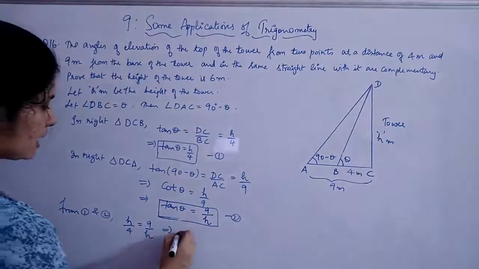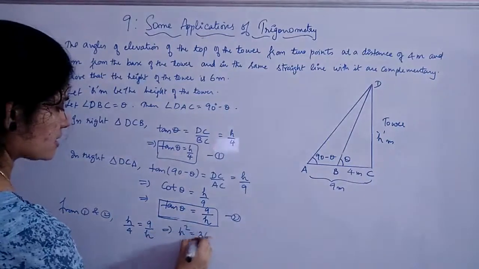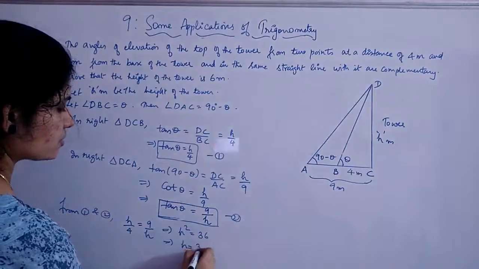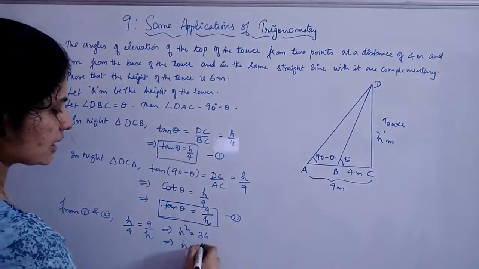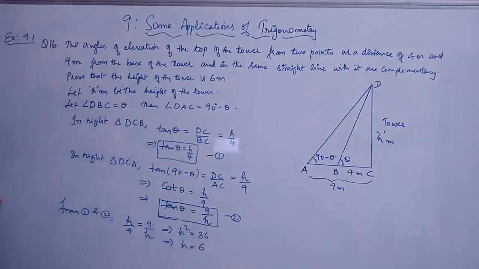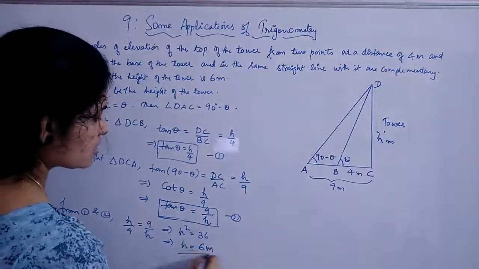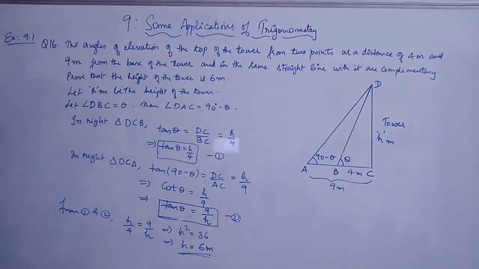And this will give you h square is equal to 36, which is h is equal to, since it is height, we will take only positive value, so root of 36 we will take it as only 6, not plus or minus 6. So it is h is 6 meters. Therefore you have proved that the height of the tower is 6 meters. Okay, thank you.